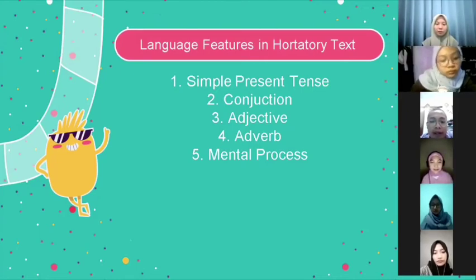Number 4, adverbs, to explain certain issues, time, place, and etc. Number 5 is mental process. It's like the writer's opinion or expression. The examples are think and feel.